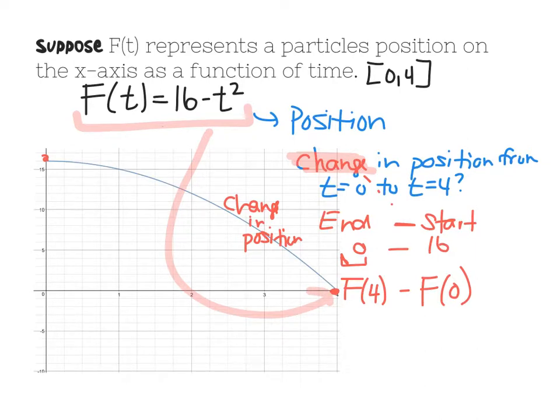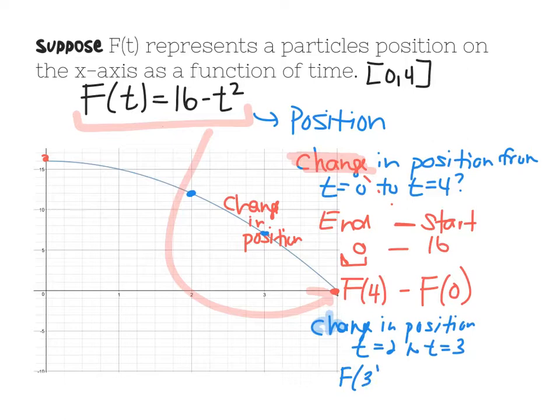Just another question, if I wanted the change in position from, let's say, 2 seconds to 3 seconds. At 2 seconds, it's right here, and at 3 seconds, it's right there. At 3 seconds, the function's value is big F of 3, so that's where I ended up, which is going to be 7.